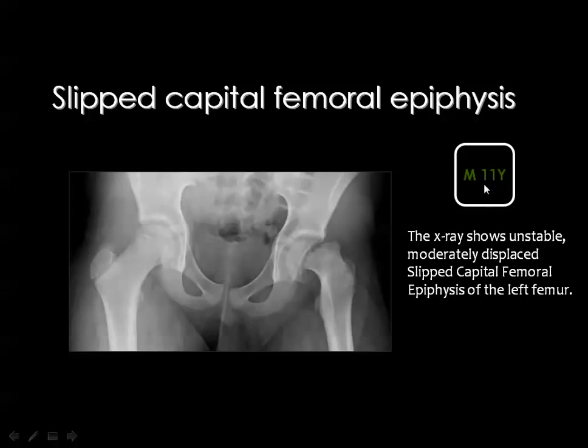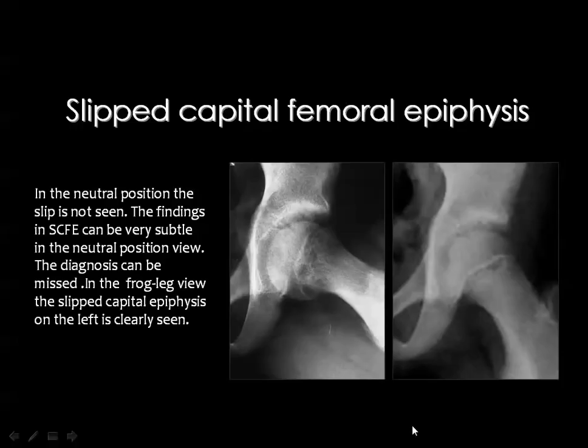This is a male, 11 years old, and you can appreciate very easily the slippage of the capital femoral epiphysis on the left side. Usually you need to have this position, which is known as the frog leg view, or you consider it as a lateral view for the hip, in order to appreciate the slippage more easily than the frontal view.